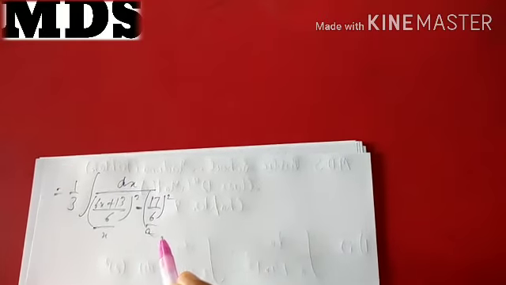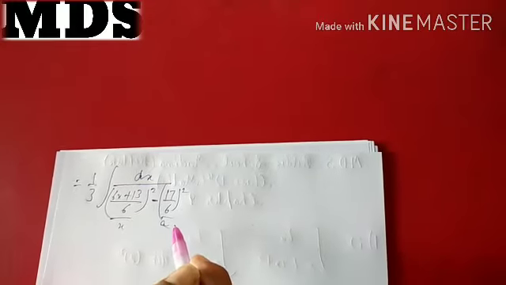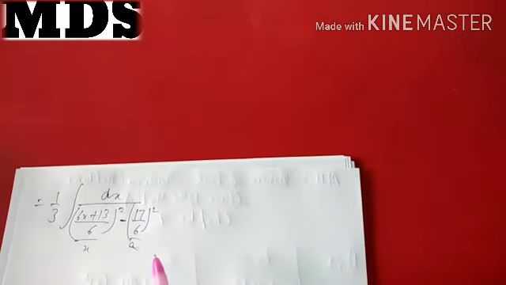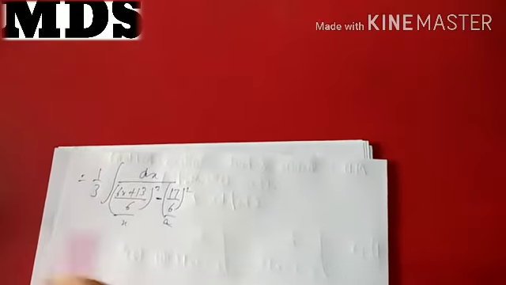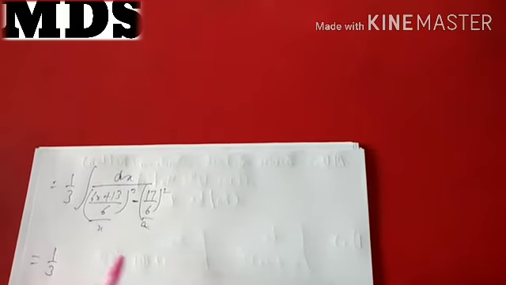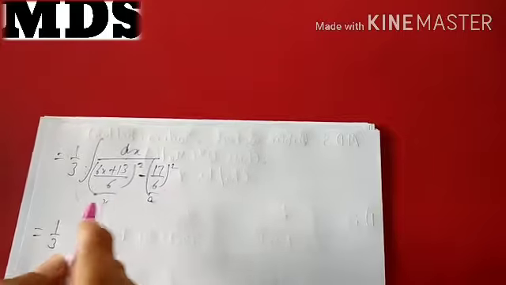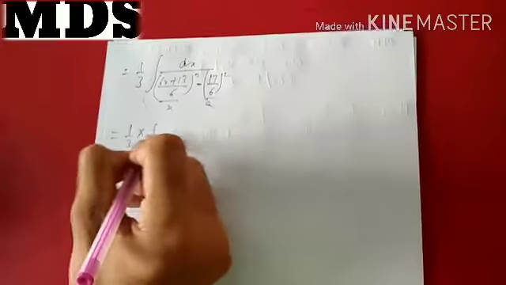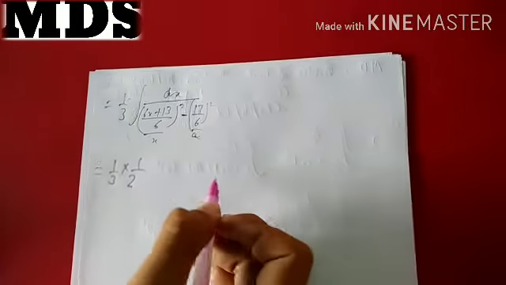We get the formula of integration of dx by x square minus a square, and we know this formula. We will get 1 by 3 as it is. Now we will use its formula, so that will be into 1 by 2a. What is a here?